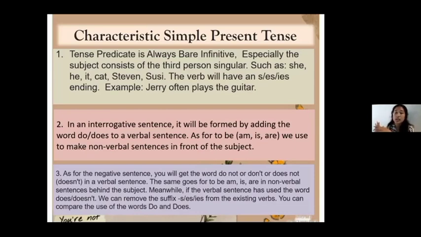Nah, jika kita sudah menggunakan does atau doesn't, kita tidak perlu lagi menambahkan sufiks s, es, atau ies. Dan ini berlaku untuk membuat kalimat interogatif atau kalimat negatif. Oke, next.